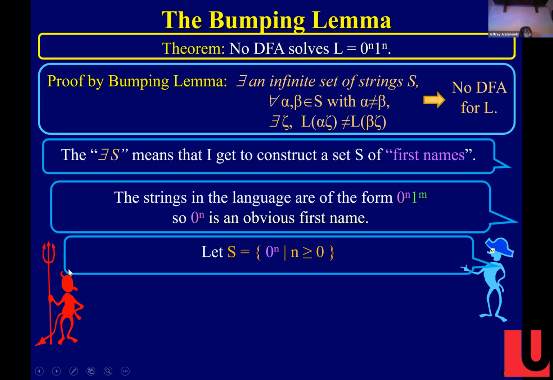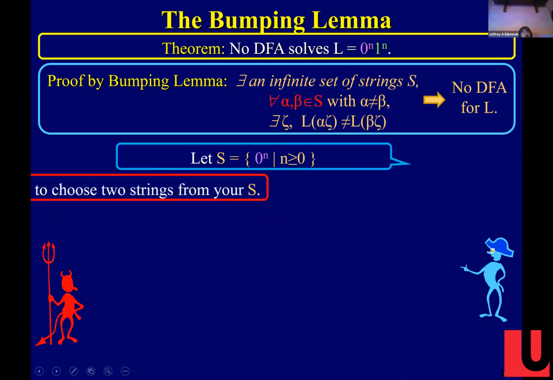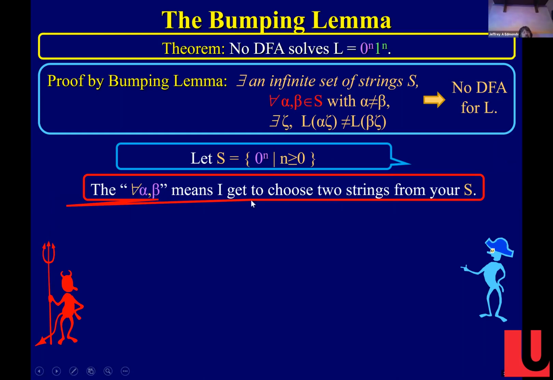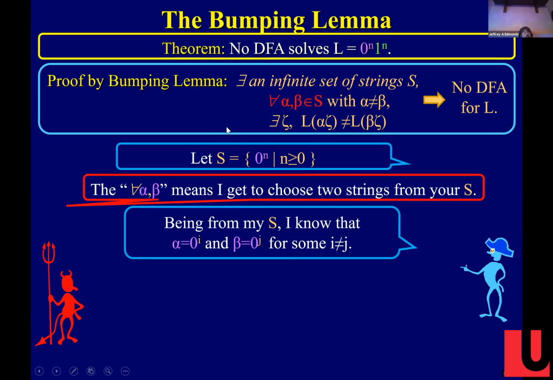Now it's the adversary's turn. The adversary is going to come up with the for all. The adversary is going to say, let alpha and beta be arbitrary. That's my set S. Alpha and beta means that the adversary has to choose two strings from S. So I've told everybody what S is, and then the adversary comes up with two strings.